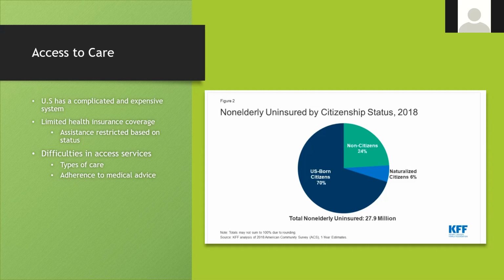For immigrants, in the first 5 years they're pretty much ineligible for any federal assistance programs such as Medicaid or Medicare. For refugees it's a bit different because they have limited benefits when they are resettled.